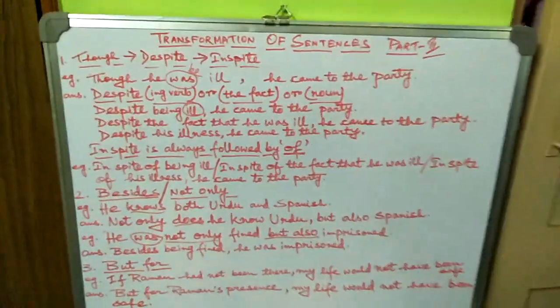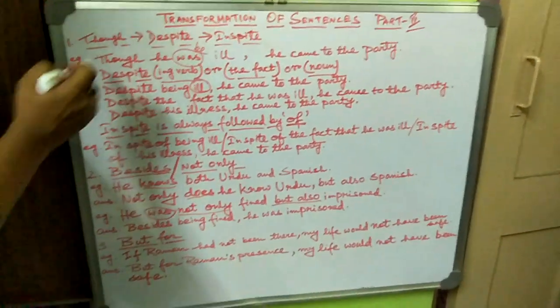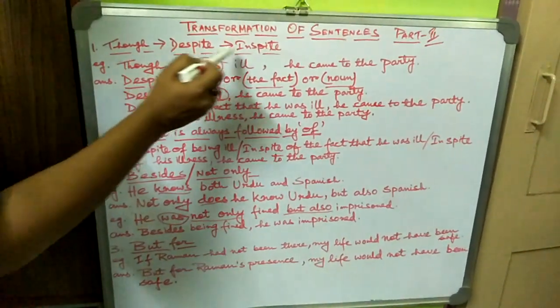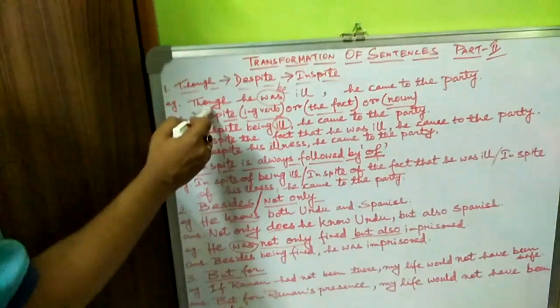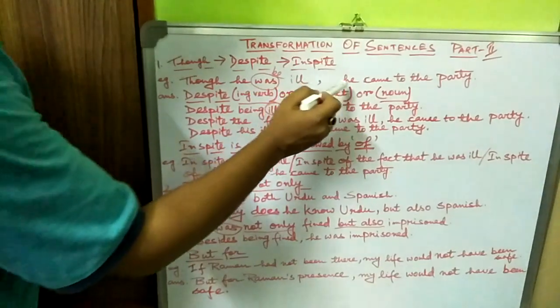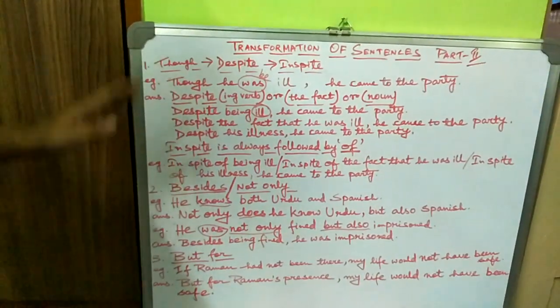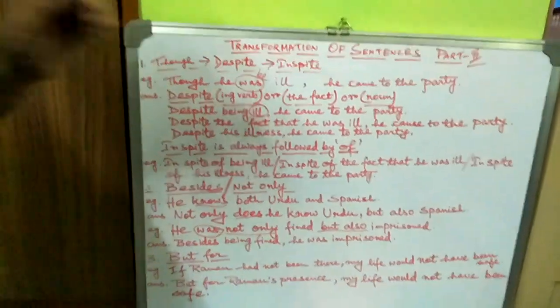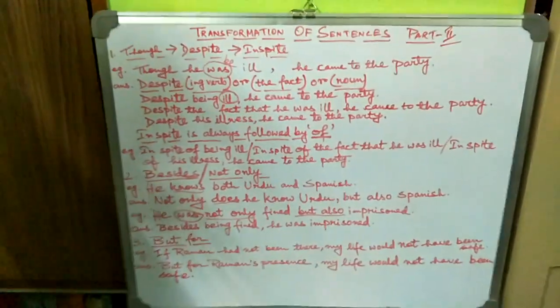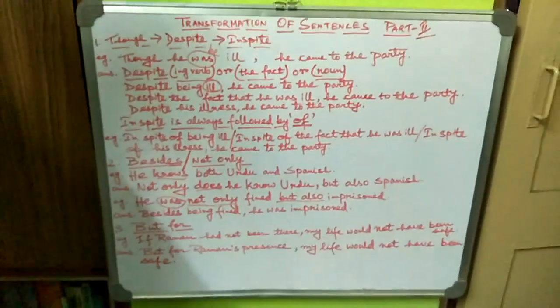Now we will begin with though. The first method is how to change a sentence from though to despite and in spite. Look at the sentence: though he was ill, he came to the party. The instruction is, begin with despite or remove though. So how to begin a sentence with despite?